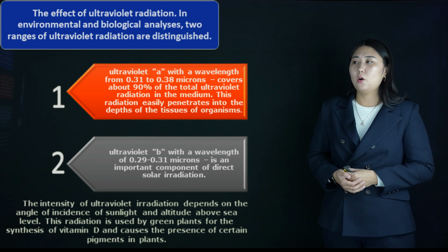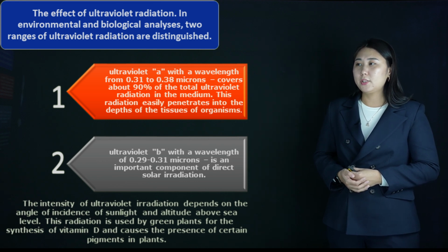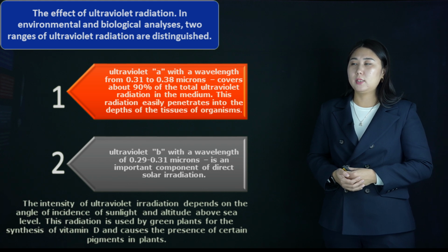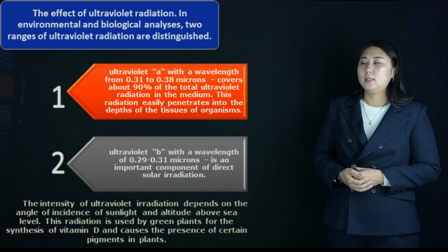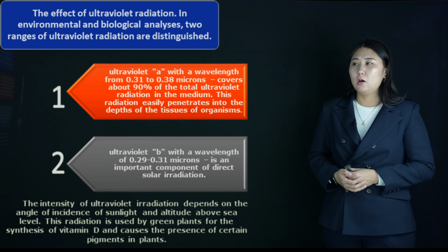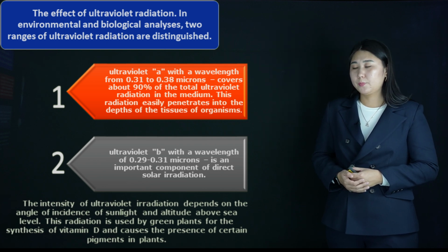The intensity of ultraviolet irradiation depends on the angle of incidence of sunlight and the altitude above sea level. This radiation is used by green plants for the synthesis of vitamin D and causes the presence of certain pigments in plants.